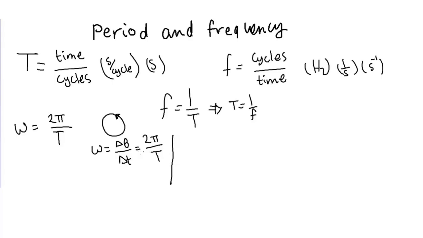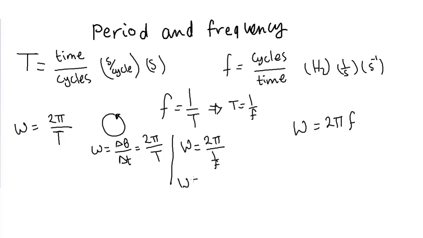So in this case, if we are looking for omega, the angular velocity, and we have the frequency, we can use the following equation: omega equals 2 pi f. And this comes from omega equals 2 pi over T. Instead of the period, I will put 1 over f.